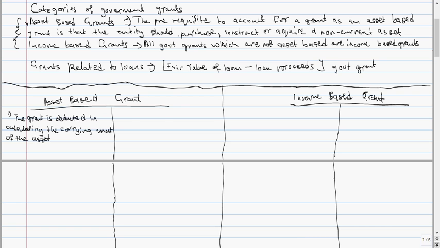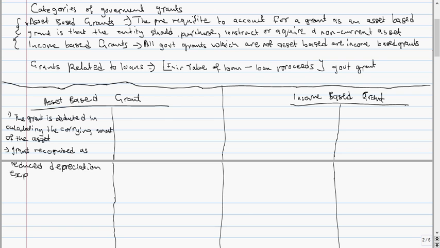If you do that, it means that the grant is recognized in the profit and loss over the life of a depreciable asset as reduced depreciation expense. So that's the effect of subtracting the value of the grant from the asset.